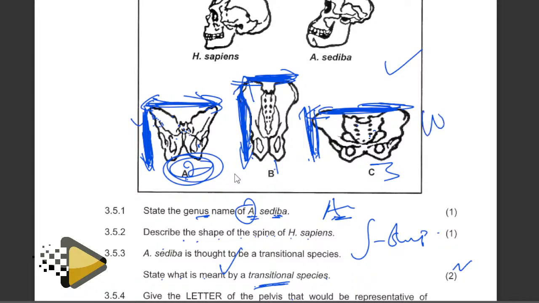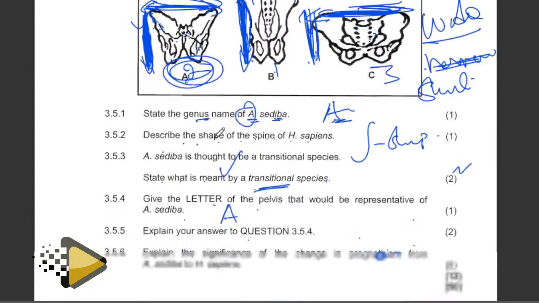You either use wide to explain, comparing this with this and this, or you use how narrow it is, how short it is. So it must be not as wide as this and not as narrow as this, or you say not as short as this and not as long as this. So basically, either way or whatever you have written, you will get those 2 marks.